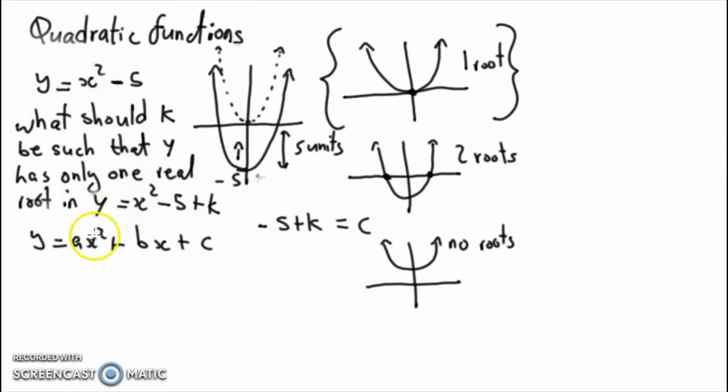X squared corresponds with ax squared, where 1 here is that a there, and then bx is not present here, but c is the constant that remains. So if we have negative 5 here, plus k is simply just a number that when added to negative 5 will cause the function to go up. So basically k is that 5 units there, but we did that by inspection.